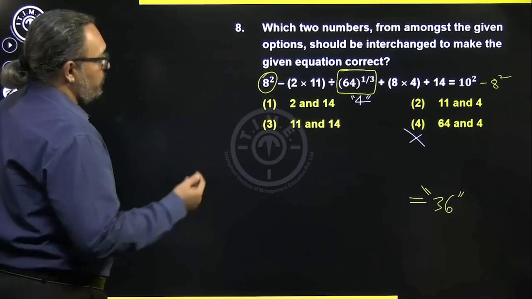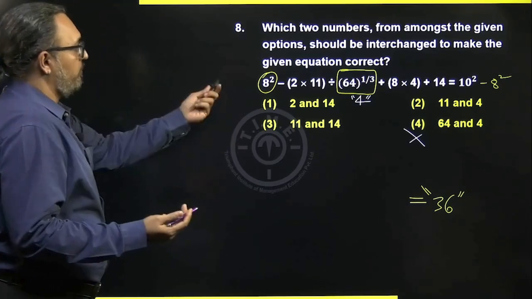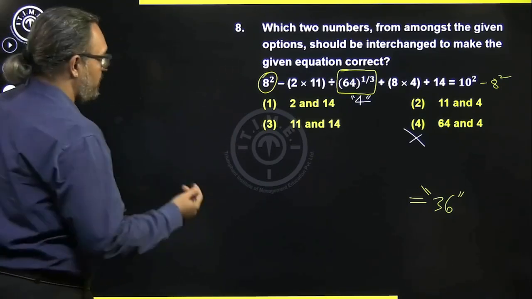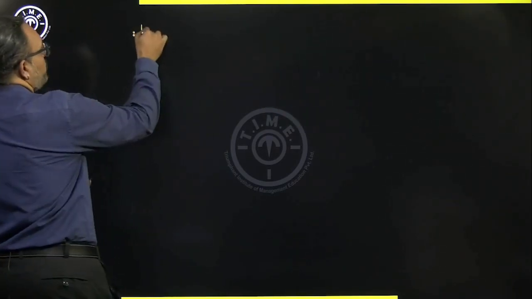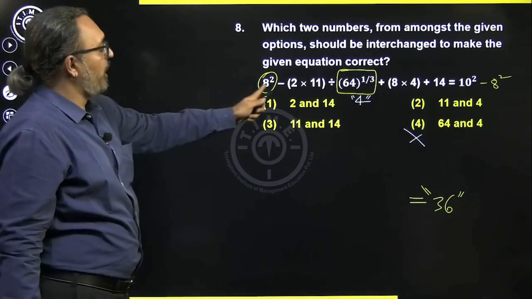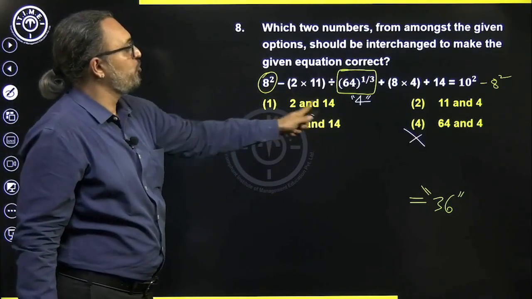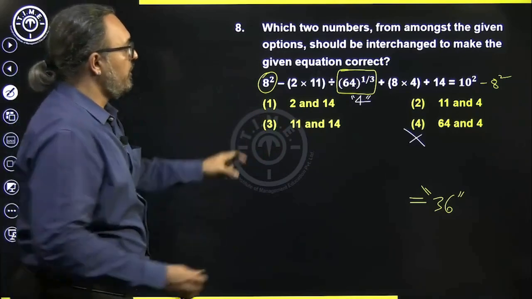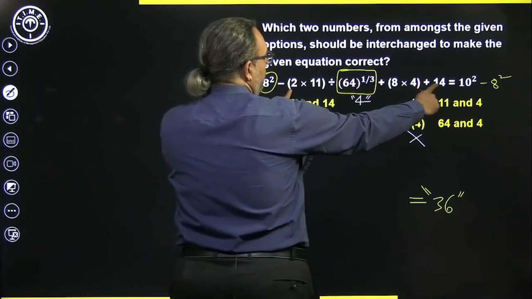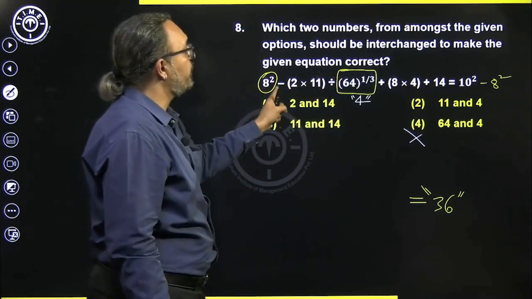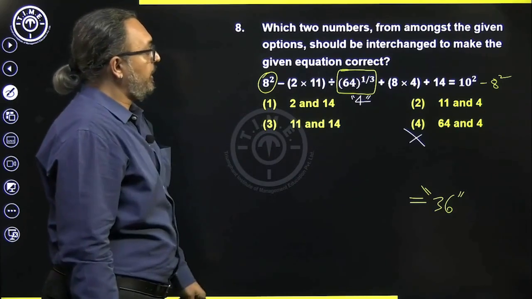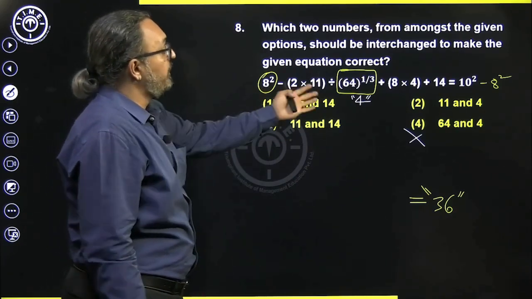Now we can start working by taking the options. So let's take the first option. The first option is 2 and 14 that I have to exchange. So in place of 2, you replace 14, and in place of 14 you replace 2. That means basically you will have negative 14 into 11, then divide by 4.